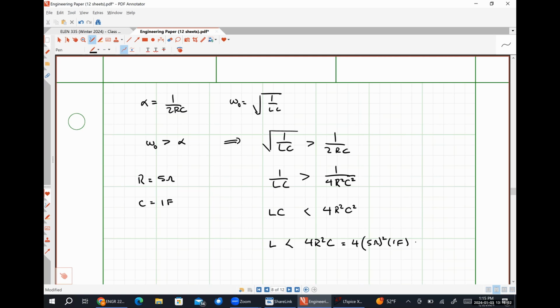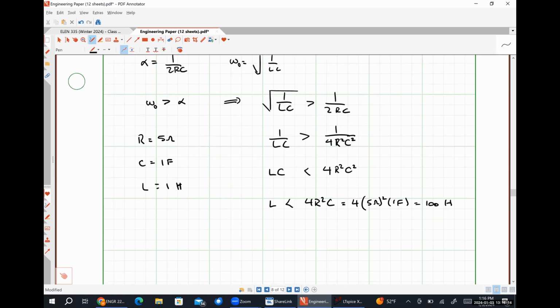So 4 times 25 times 1 is just 100, right? L just needs to be less than 100 henries. So L is 1 Henry. Okay, that should work out okay. We'll check stuff here in a moment.